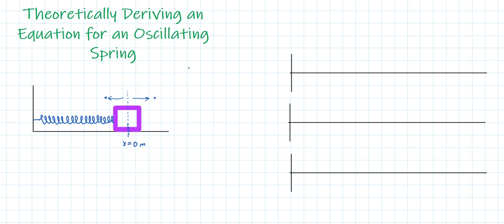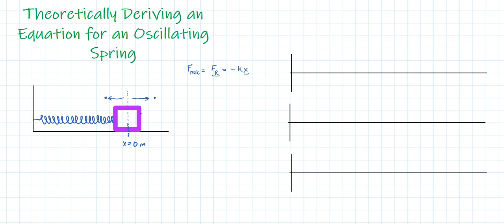But what we can say here is that the net force acting on the spring at any given time is the restoring force. And I'm going to tell you that this is a linear spring. So the restoring force is equal to negative kx. Now, it's a linear spring, which means that when the spring is stretched to a position x, the force pulls back with an amount of force that is directly proportional to that stretch.